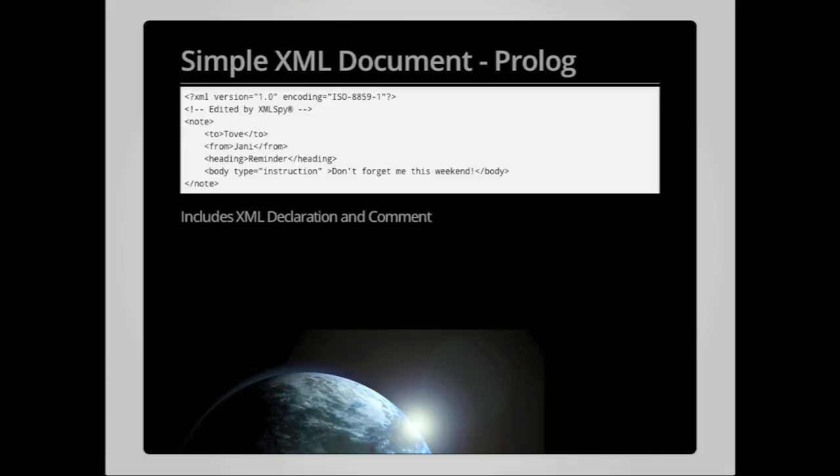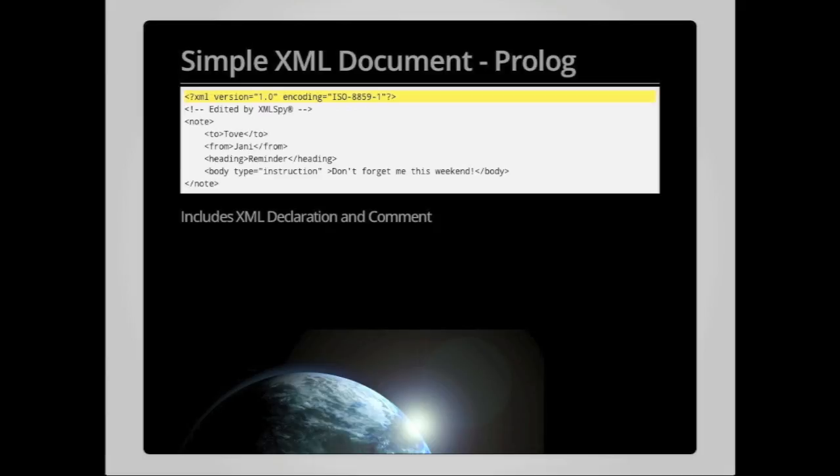So the first thing you're going to see in an XML file is some amount of information at the top of the XML file that at the very least is going to include an XML declaration and may include one or more comments related to that document.